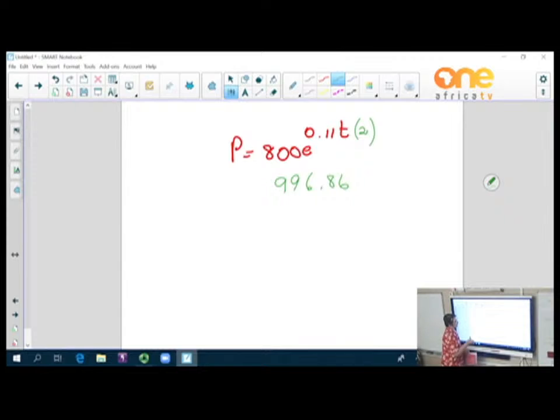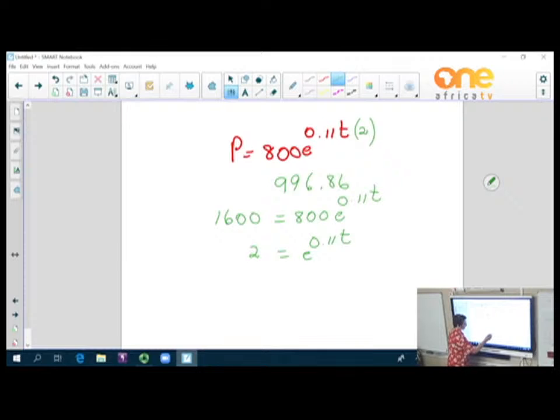Now, to double means it must be 1,600 is equal to 800 e^0.11t. Again, I divide with this initial value. Then you have e^0.11t. It works exactly the same as we did now.